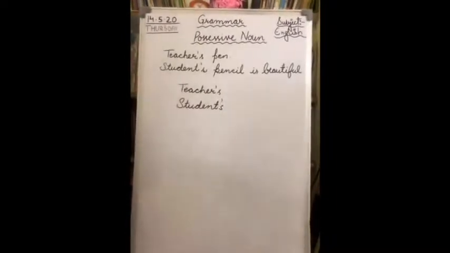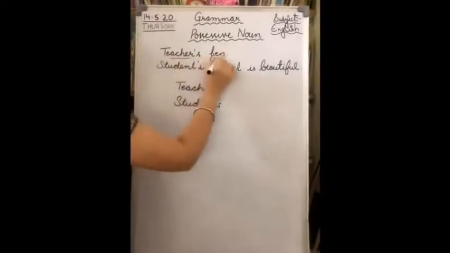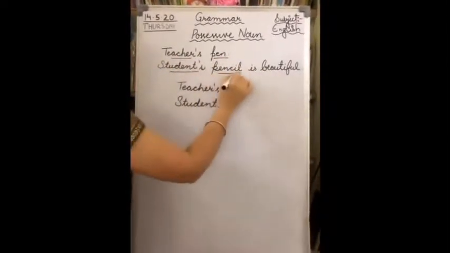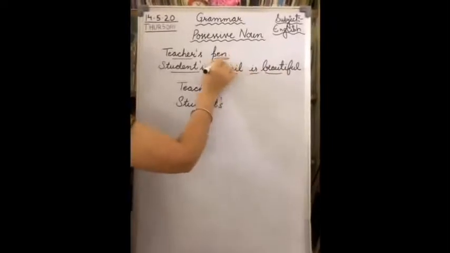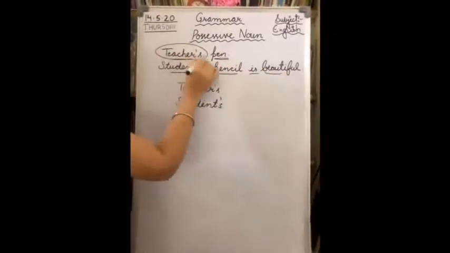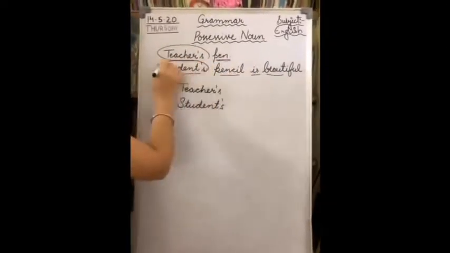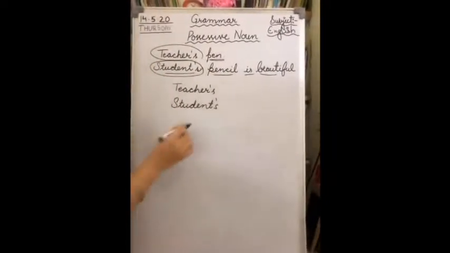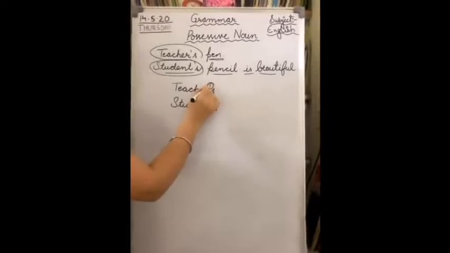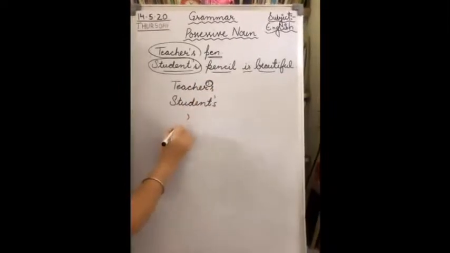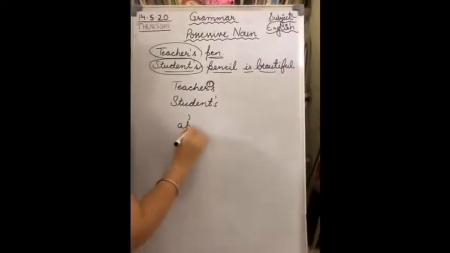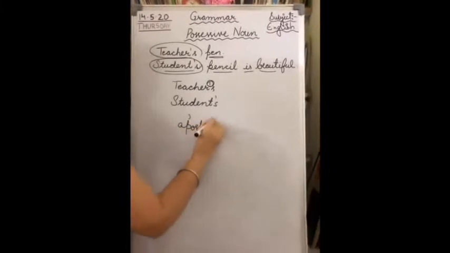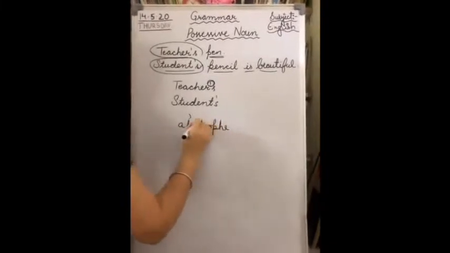So children, yes, in these 2 sentences we are being told that pen belongs to teacher and pencil belongs to student. Now children, apostrophe, yes, this is known as apostrophe. What is it known as? Apostrophe.